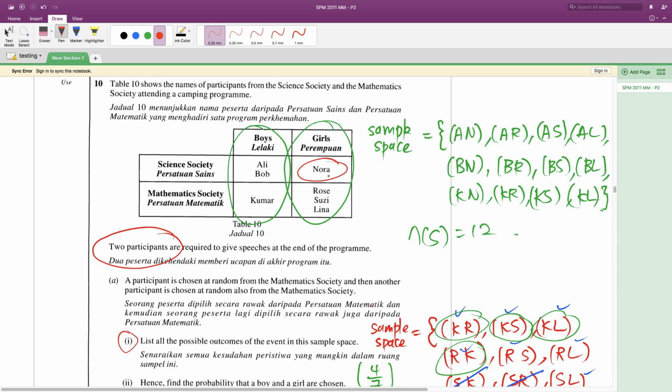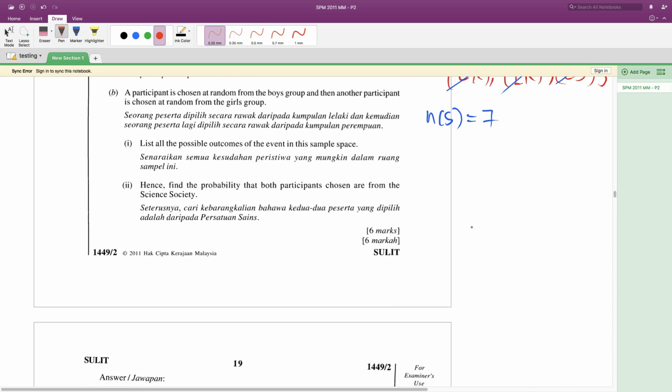So N must be there. You only have 3 choices here, isn't it? Only 3 of them have N out of 12. So the probability is 3 over 12. Of course, you have to simplify it, becomes 1 over 4. Yeah, this is the answer.